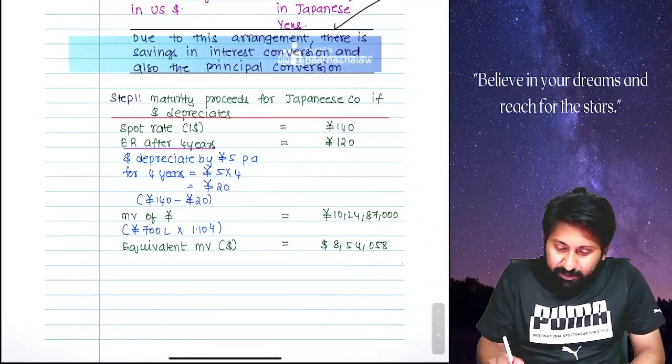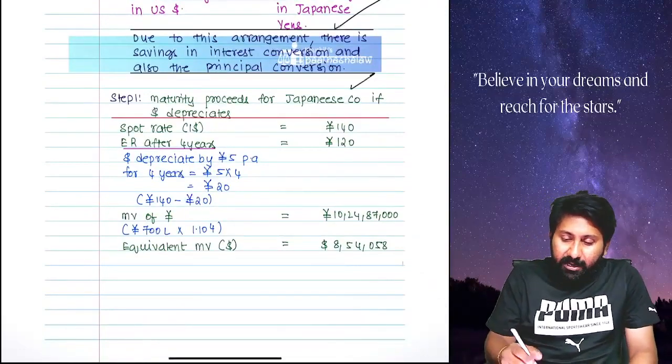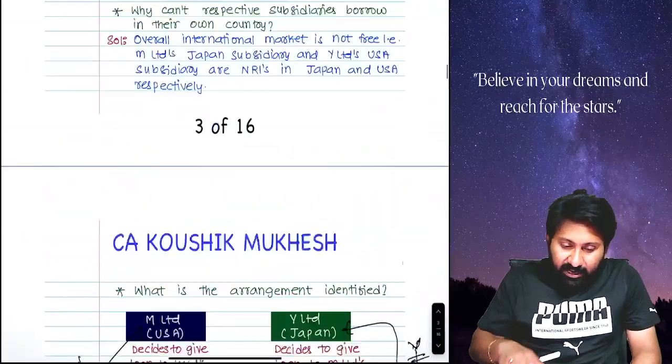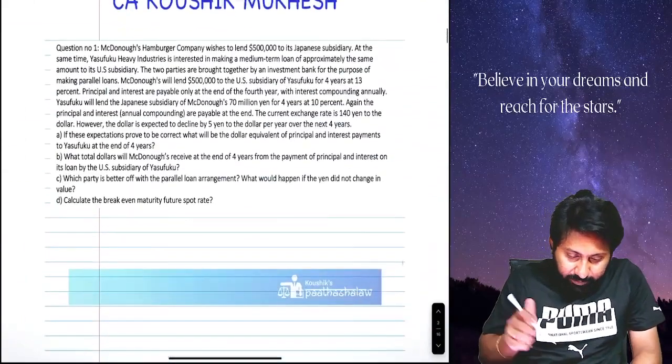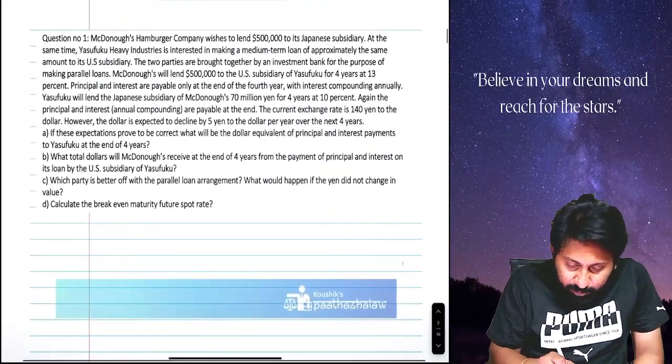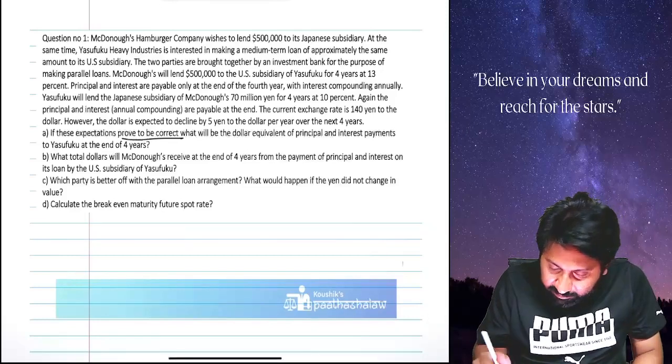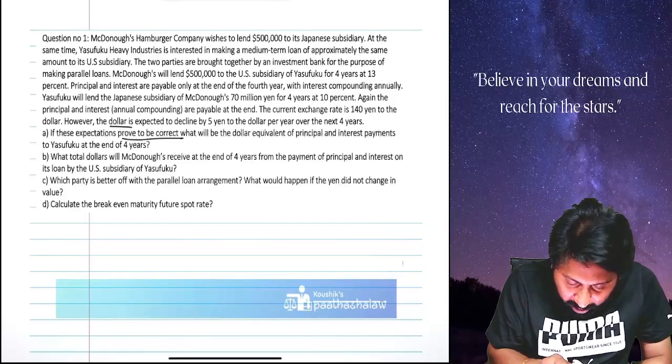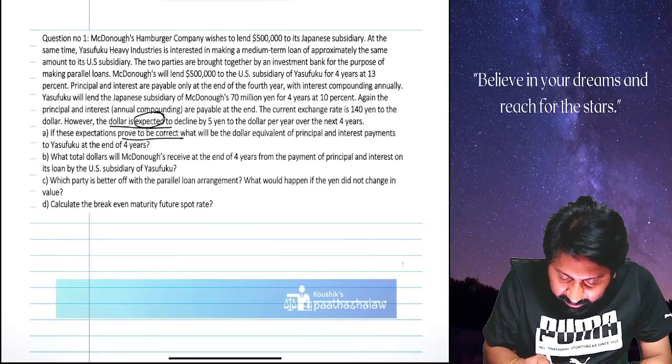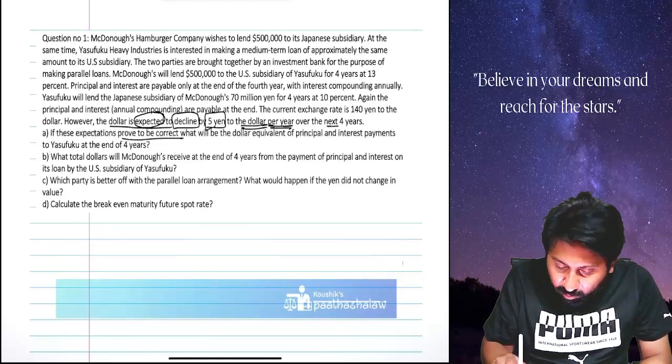First, maturity proceeds for Japanese company if dollar depreciates. He asked 4 questions. If expectations prove to be correct, what expectation? See here, dollar is expected to decline by 5 yens per dollar per year over the next 4 years.